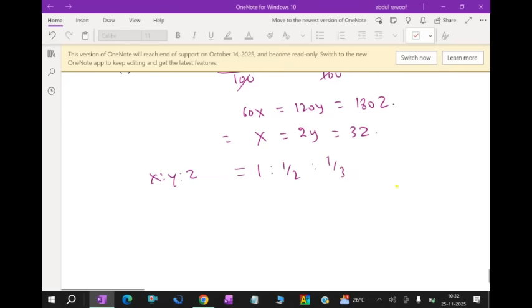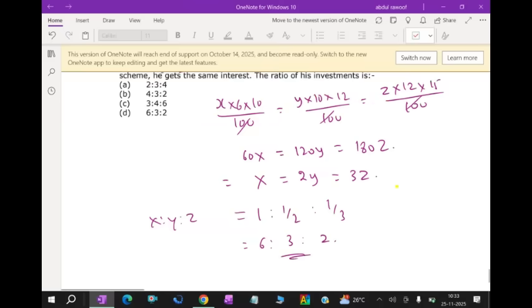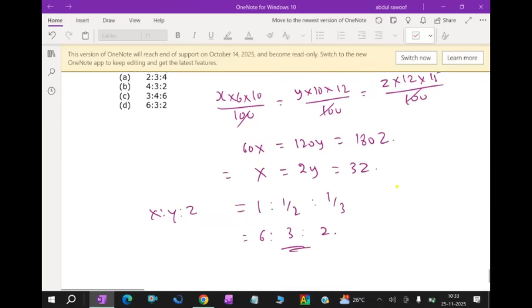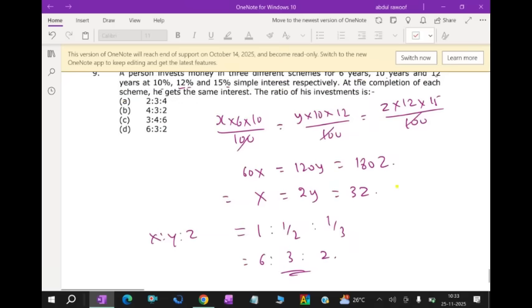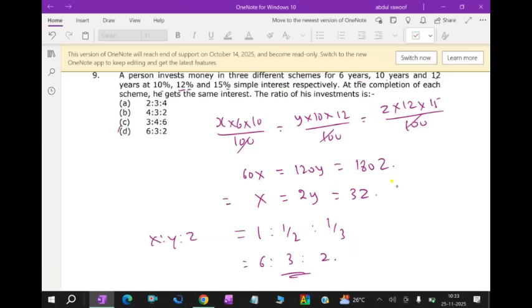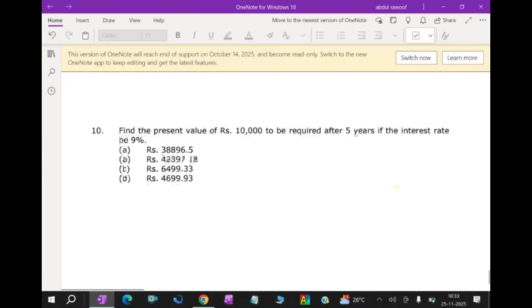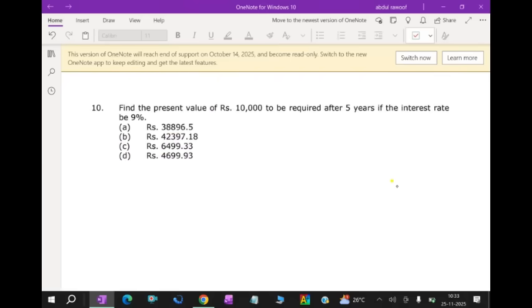Multiply by 6 throughout, this becomes the ratio 6:3:2. So the ratio of investment of these three persons is 6:3:2. Option D. Next question. Find the present value of 10,000 rupees to be required after 5 years if the interest rate is 9%.